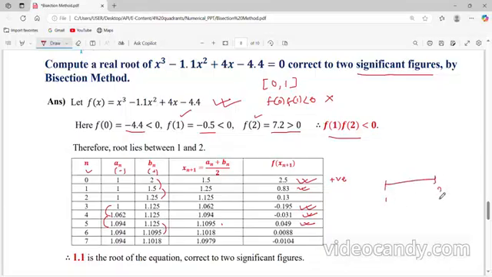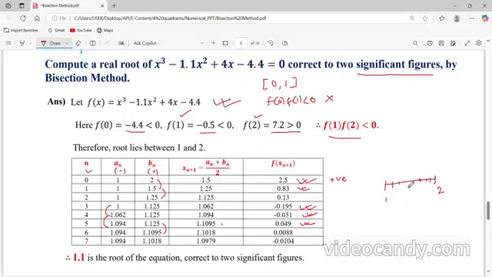After using this positive and negative condition, we have seen here the interval is decreased. Actually, suppose here we have the root, but after using this bisection method, the interval keeps decreasing.